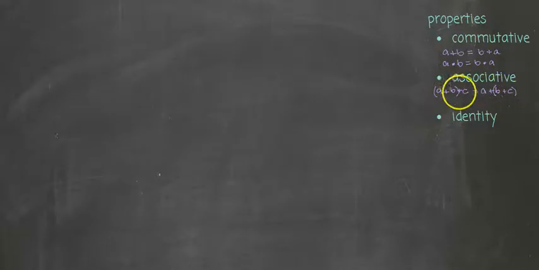So it doesn't really matter which two you add together first and then add the third, you're going to get the same value. And that makes kind of sense too. 1 plus 2 plus 3, 1 plus 2 is 3, plus 3 is 6, or 1 plus 2 plus 3, 2 plus 3 is 5, plus 1, 6.